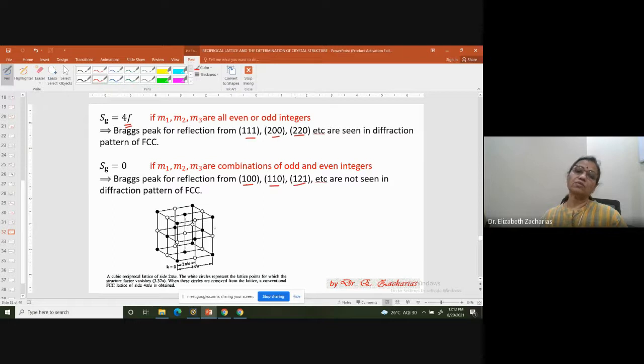You will not see 121, mix of odd and even. Okay, so this is how writing the structure factor will help you identify what types of reflections will be there in your X-ray pattern. So even by indexing your lines, you will be able to predict what would be the structure.